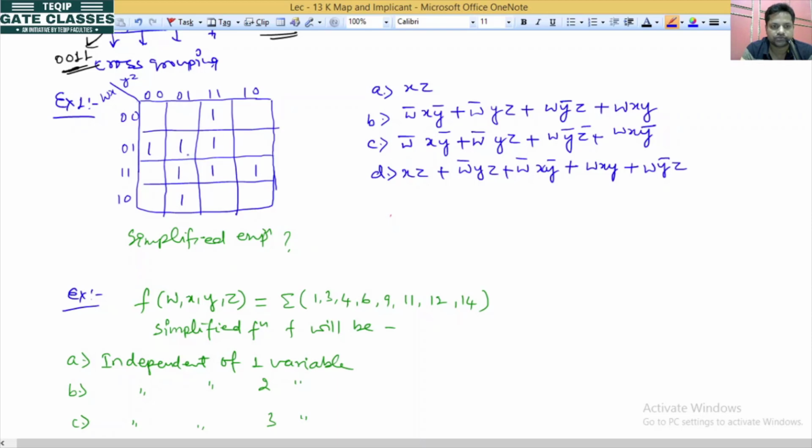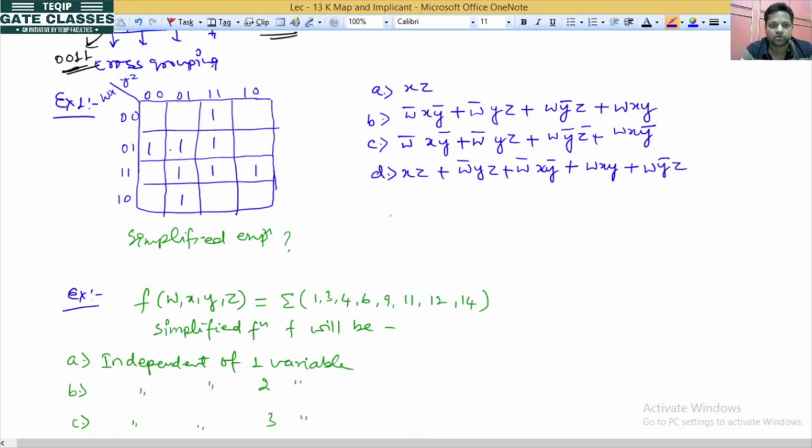If you look here, we have 1 2 3 4 5 6 7 8 ones. I want to group all these ones. Maximum possible is an octet because 8 ones are there.